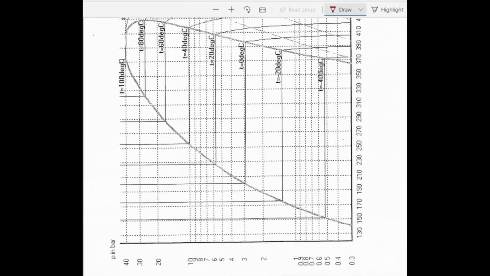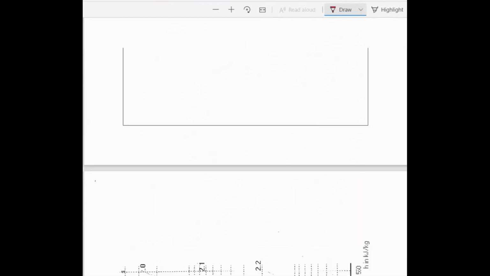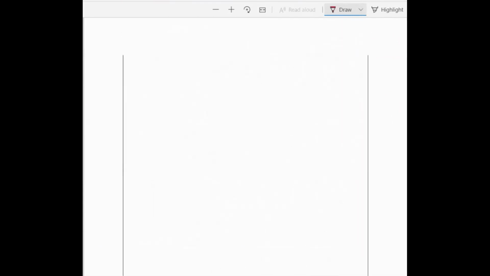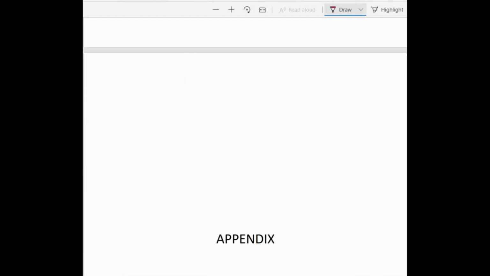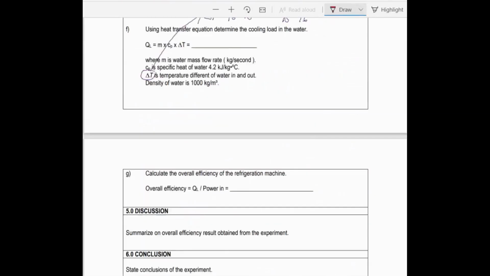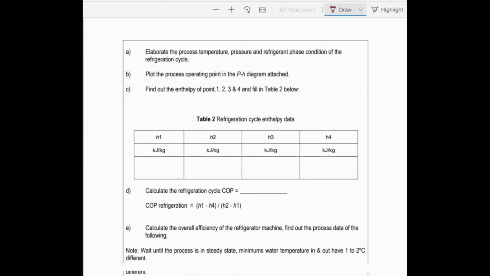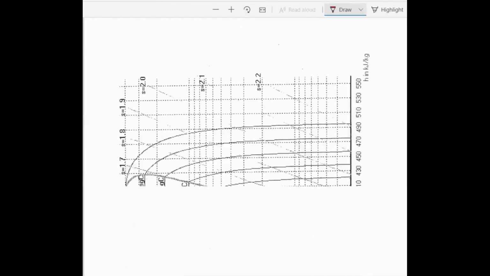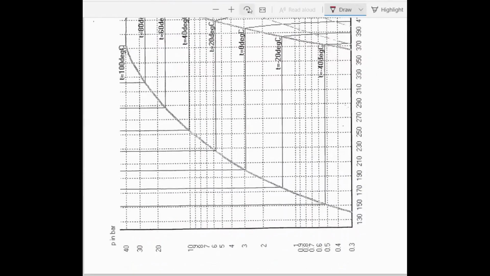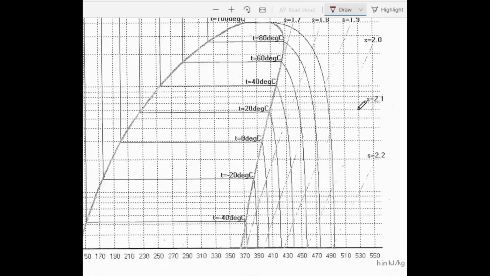How to transfer the data to this graph and then determine the enthalpies H1, H2, H3, and H4 to fill in the Table 2 values. So I go back to the graph.